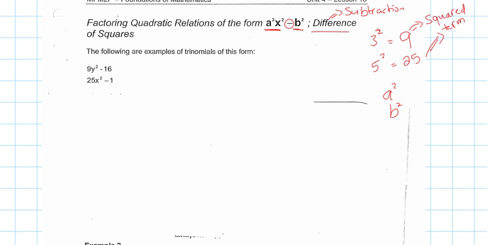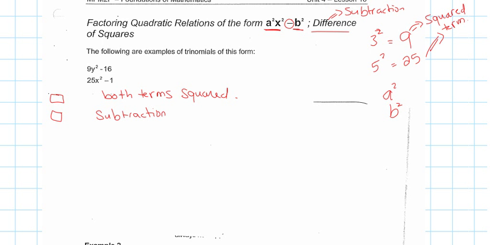Okay? So here's what I do. In order for me to be able to identify this, first I'm going to have to make sure that my two terms are squared. And second, I want to make sure that I have a subtraction in the middle.